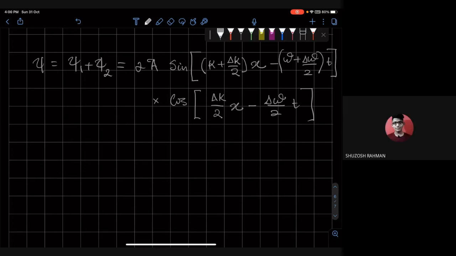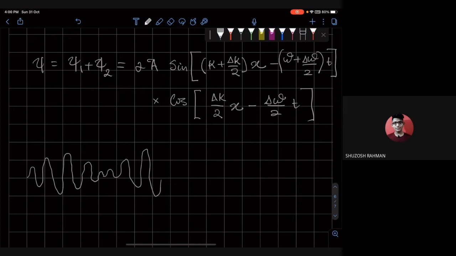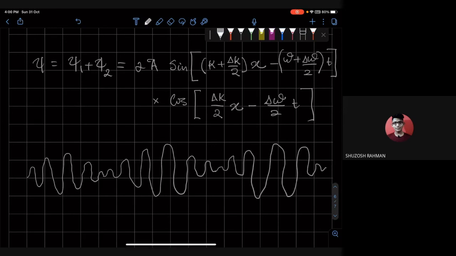Yes, sir. Okay. So, what does this look like? It looks like this. The wave that's propagating looks like this. So this is the frequency and the wavelength, which is high.